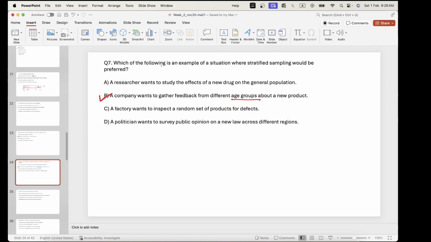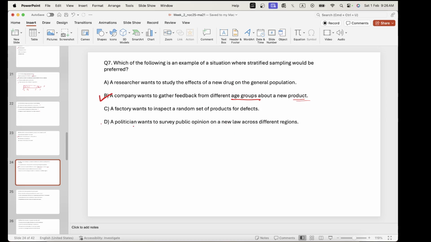Okay, this one could also seem like stratified sampling, but this is the more accurate and explicitly specified one because it's sampling from different age groups.